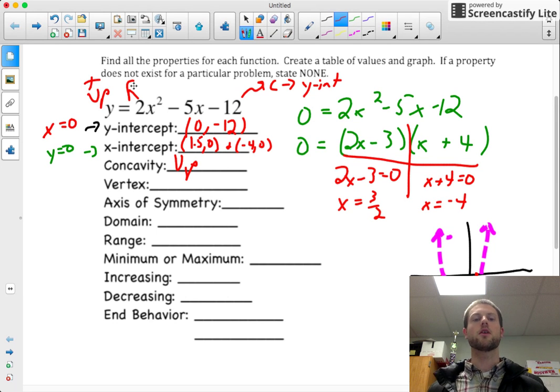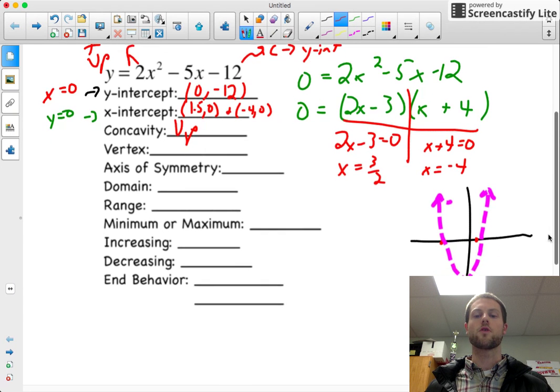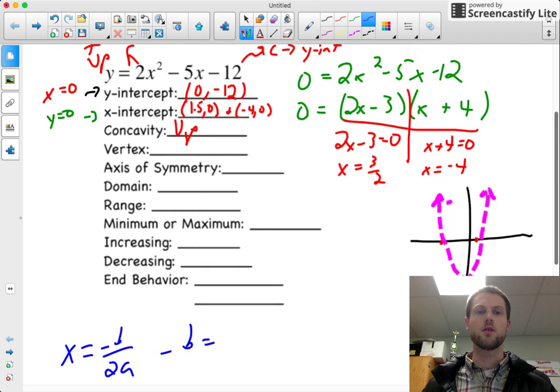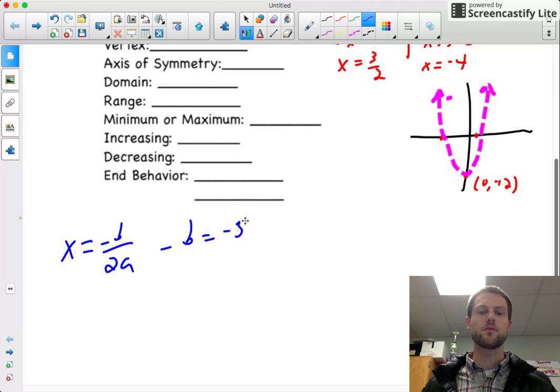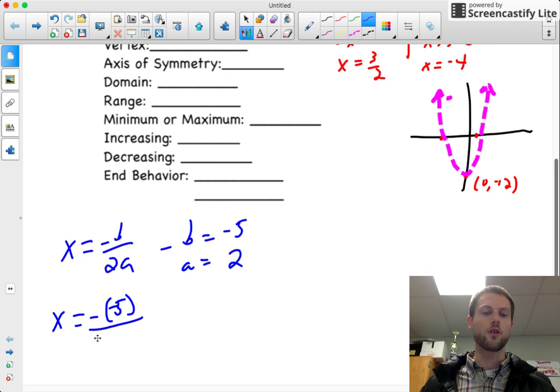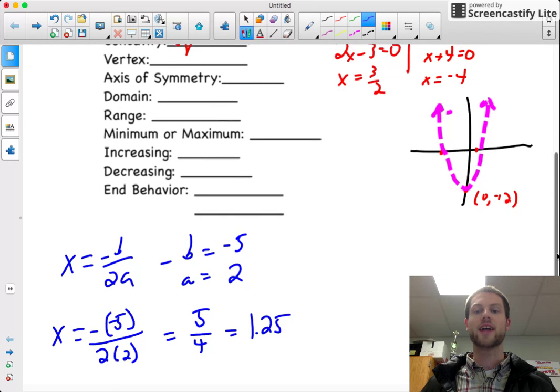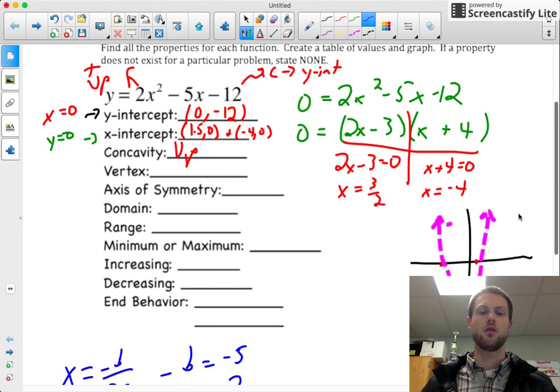Vertex. To find the vertex of this, I'm going to need to use negative b over 2a. So let's do that down here. x equals negative b over 2a. In this case, b is going to equal negative 5, and a is going to equal 2. So x equals negative b, that's a negative 5, over 2 times a, which is going to equal positive 5/4, or 1.25. That's the x value of my vertex.